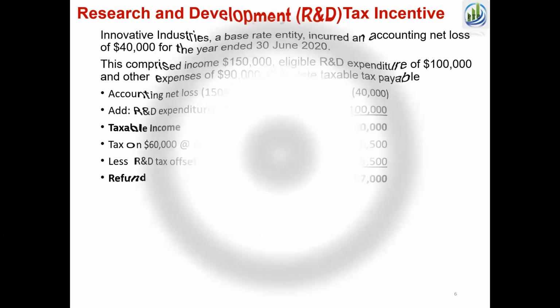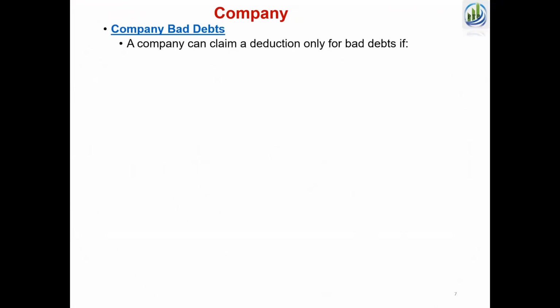Right. Now we will go to company bad debts. When we deduct bad debts from our income tax return as a deduction, the bad debt must be actually bad. So what is the meaning?